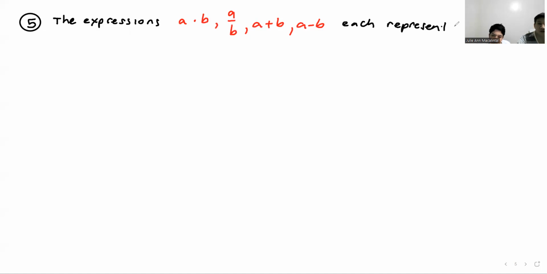The expressions, I've used a different color: A times B, A over B, A plus B, and A minus B, which represent a real number.